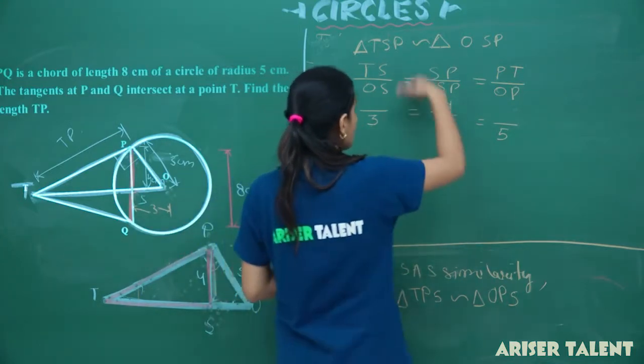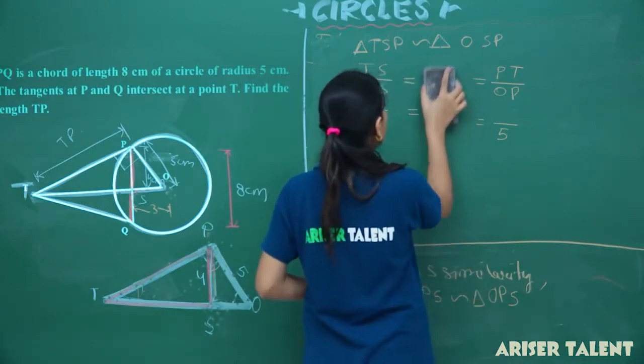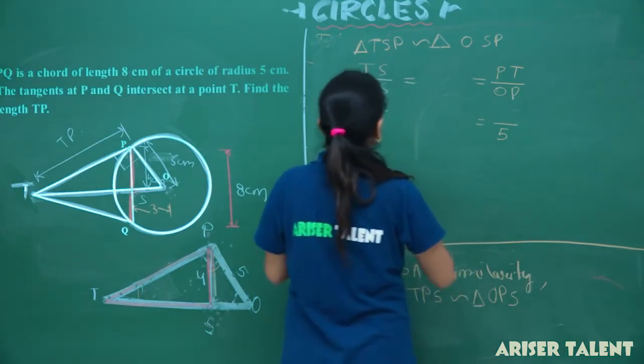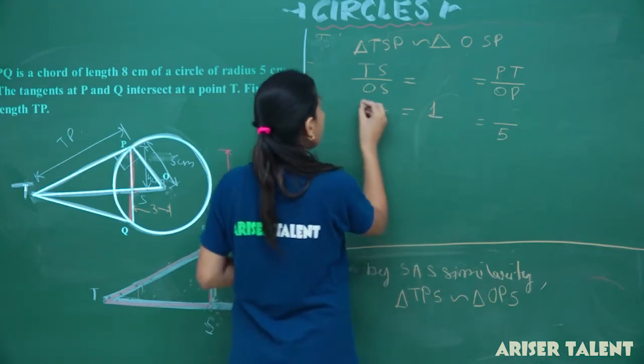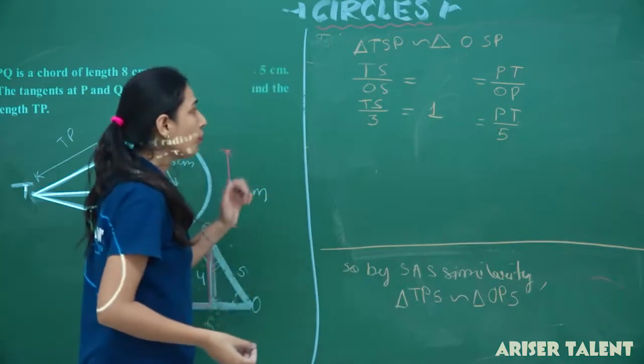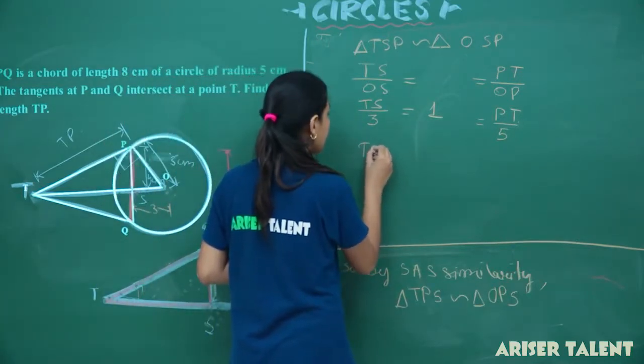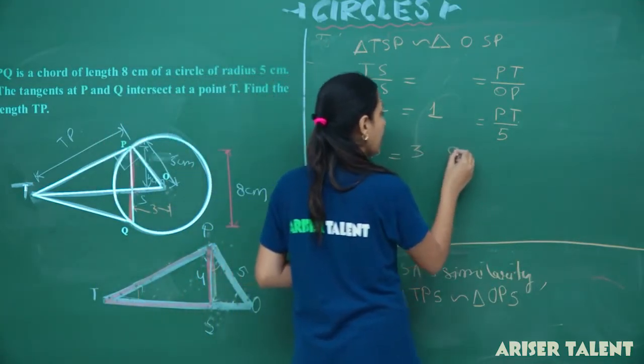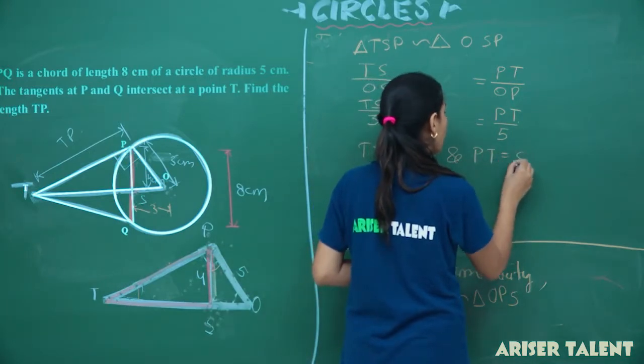So I can simply eliminate this ratio. So this is equal to 1, TS and PT. From there I can say that TS equals 3 and PT equals 5.